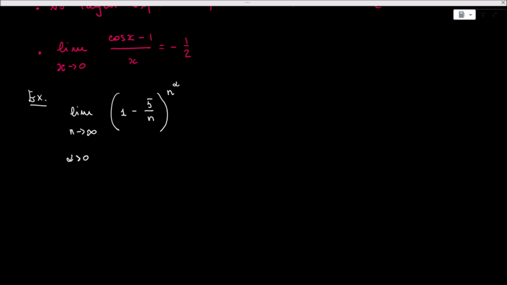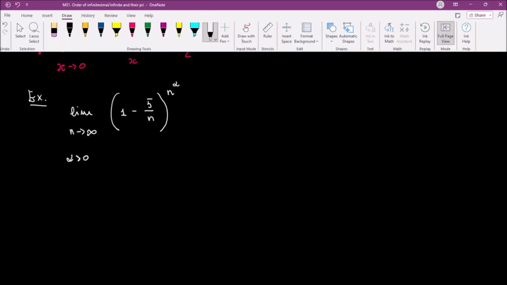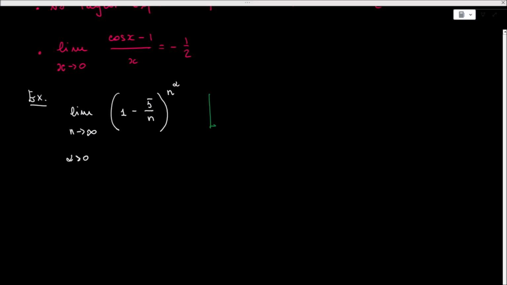We see that this limit is of the form: when n goes to infinity, 5 over n goes to 0, so the base will become 1, and the exponent n to the alpha, for alpha positive, will go to infinity. So this will be an indeterminate form.